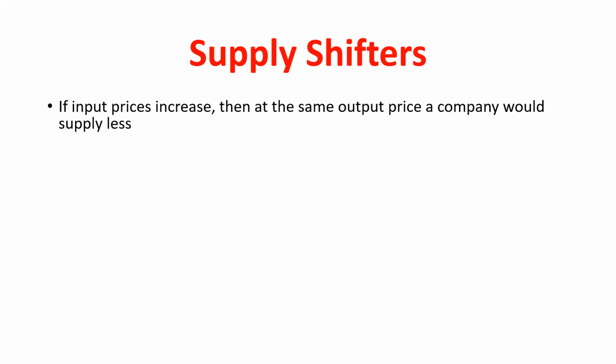Or I might not even supply any of it if that input price goes up enough, right? So there's two changes we could see. If input prices go up, we supply less, or a decrease in supply. If input prices go down, well, now at the same price, I'm willing to supply more to the market, right? So we have two types of changes we can see in input prices and their corresponding effects.